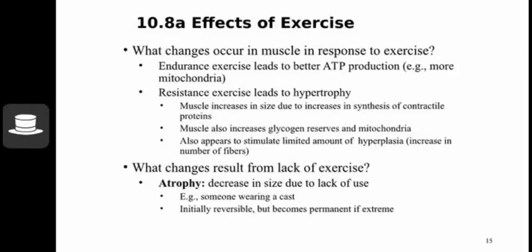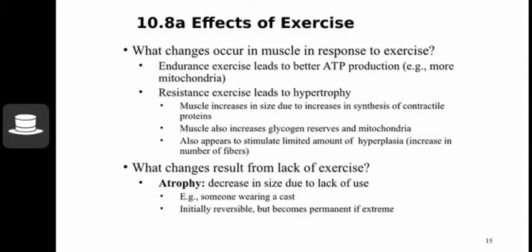Now, as a muscle responds to exercise, it will change over time. If you are doing more endurance exercise, then you're going to start to generate more of those oxidative fibers, and you're going to be able to do better ATP production doing oxidative phosphorylation, the Krebs cycle, with more mitochondria.